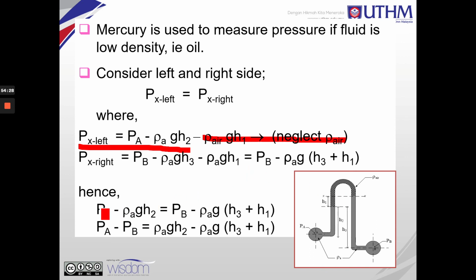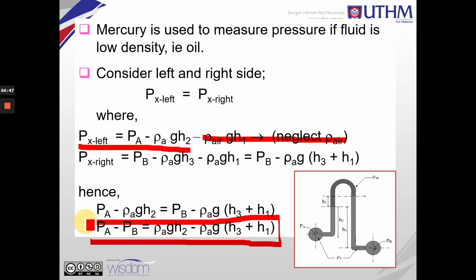So PA minus rho A g H2 is equal to PB minus rho A g H3 times H1. So we get the difference, PA minus PB, equal to this side.